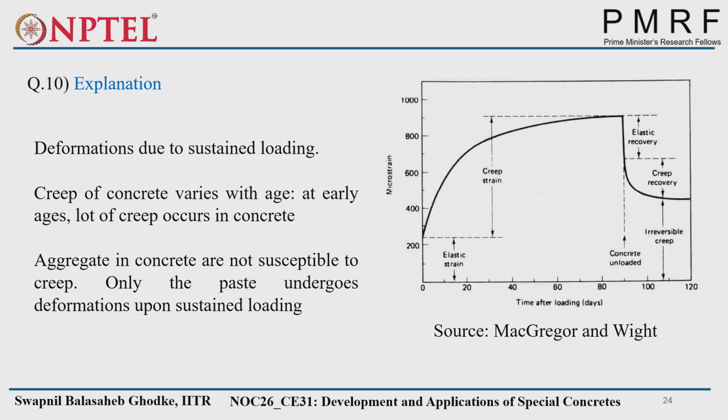It is not at all possible to remove all the creep, so there is a certain amount of irreversible creep observed at the end of the graph. So creep is basically due to sustained loading. Sustained means constant amount of load we are putting on any type of structural member. So is it clear? Graph is clear?